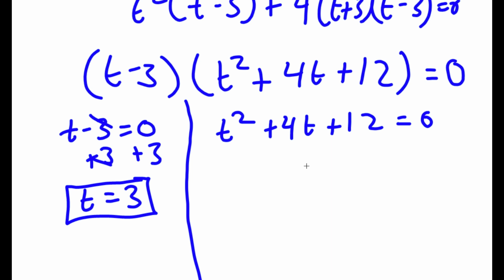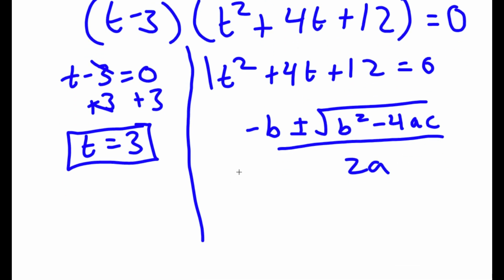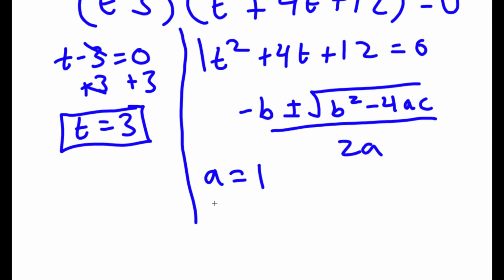Well, we would have to use the quadratic formula to solve this. So the quadratic formula is negative b plus or minus the square root of b squared minus 4 times a times c, all over 2a. So in this case, a is equal to 1, b is equal to 4, and c is equal to 12.